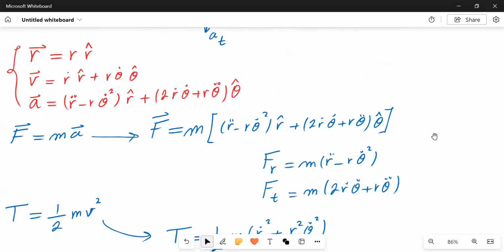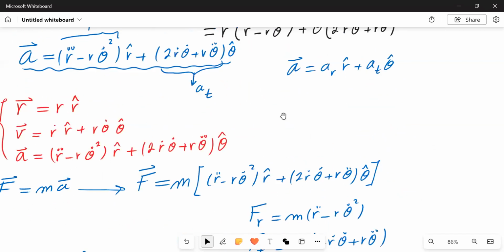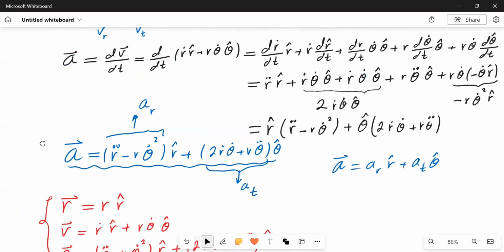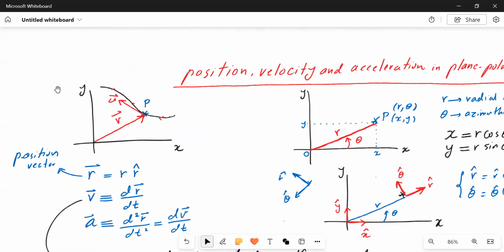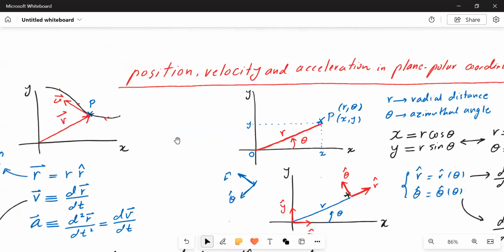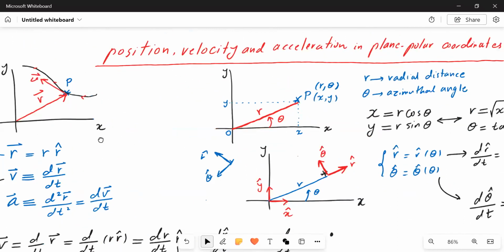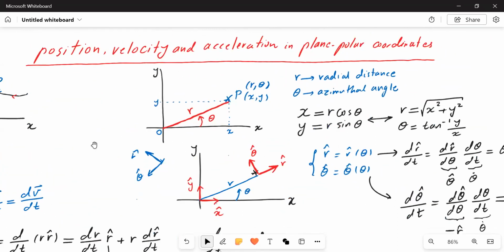Now, why did I even want to look into this topic is that during the next 3 or 4 lectures, I'm going to discuss the planetary laws of motion, namely Kepler's planetary laws of motion and the problem of central force.